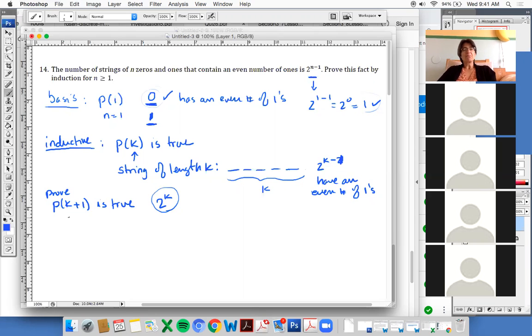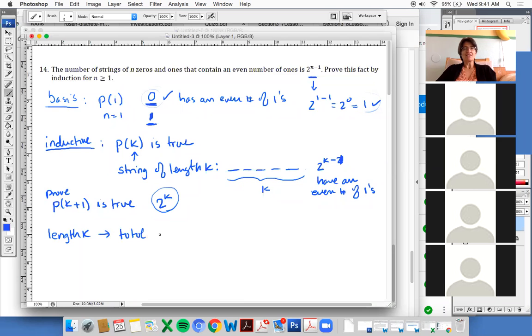So let's build our strings of length k+1, okay? We're going to again use what we know from the P(k) statement, right? So let's look at the kind of strings that we have of length k. How many do I have in total?